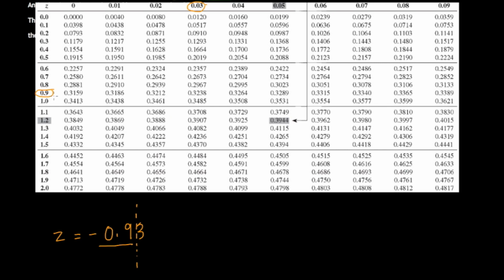So between 0.9 and 0.03, which gives us our 0.93, we have a probability of, so I'm going to write it like this. This is just the mathematical way of writing it. So the probability of a z-score equals 0.93 is equal to 0.3238.